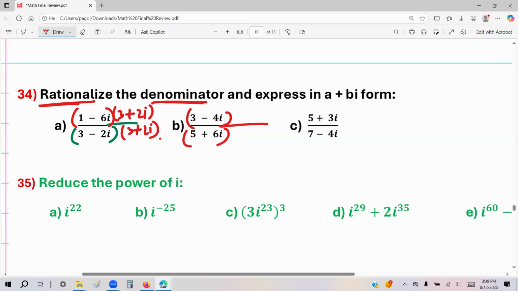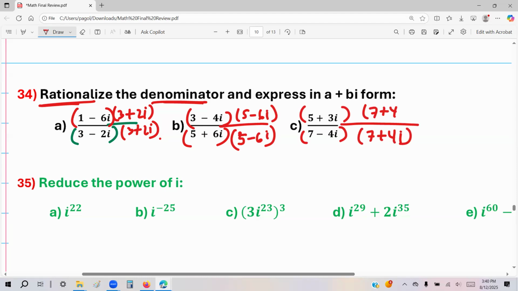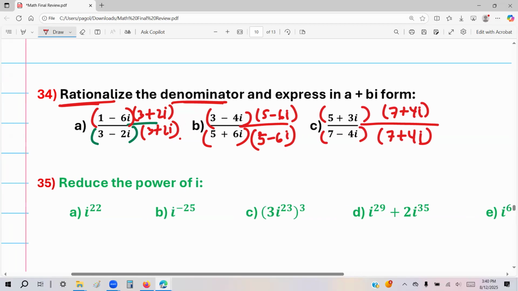What's the conjugate for the second one? 5 minus 6i, so you have to multiply top and bottom by that. And lastly, 7 plus 4i. And then you do the multiplication and simplify.